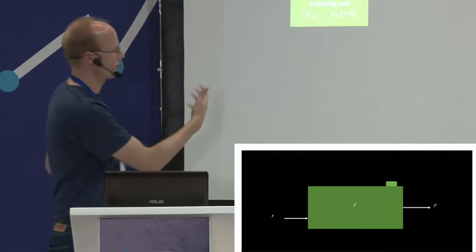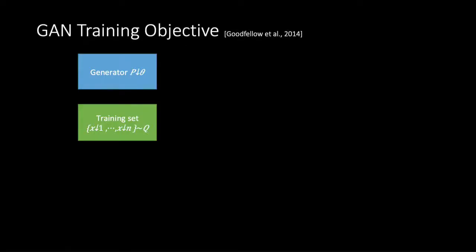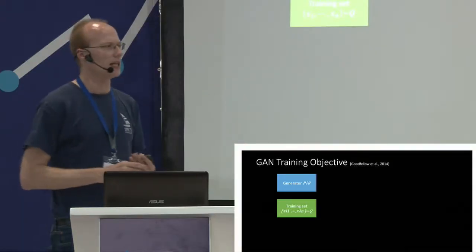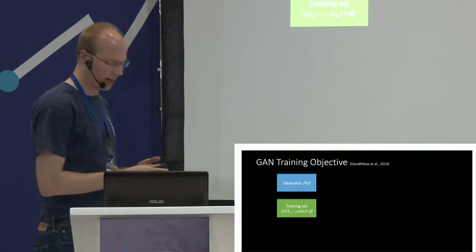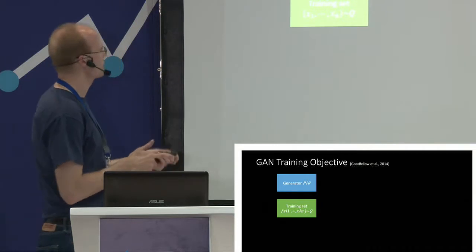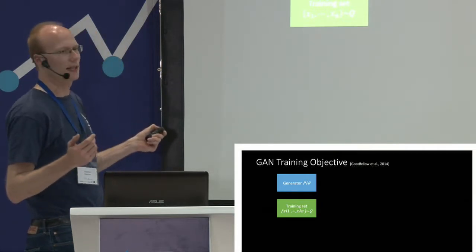And the idea here on a high level, we go into much more detail later, is that you use an auxiliary model to help you train this function. The auxiliary model is called the adversary or the discriminator, but really it is just a binary classifier. And the way it works is as follows. You have your box, the generator, and you have your training set, your data.